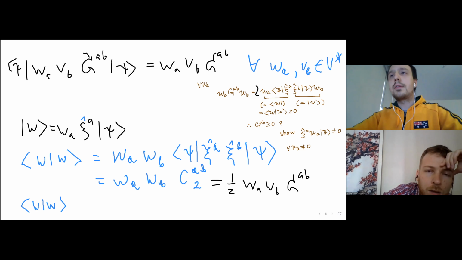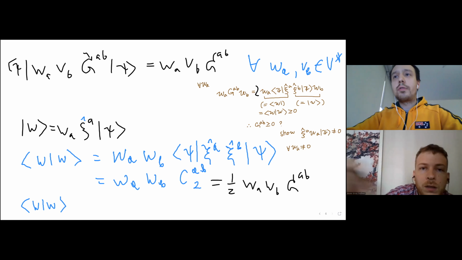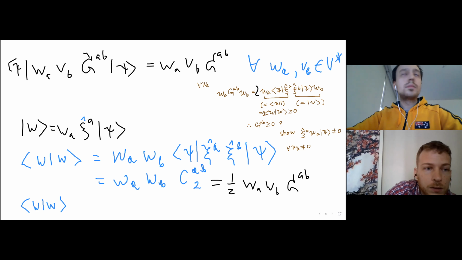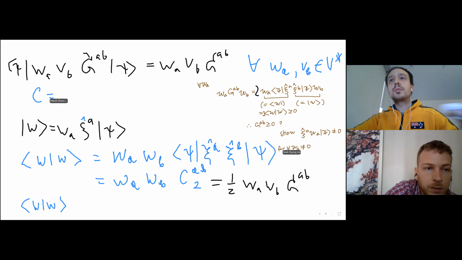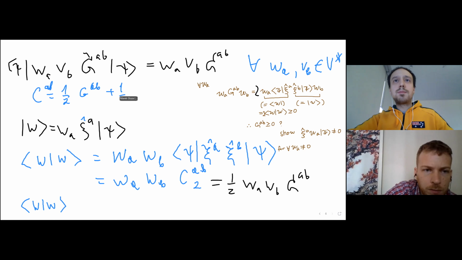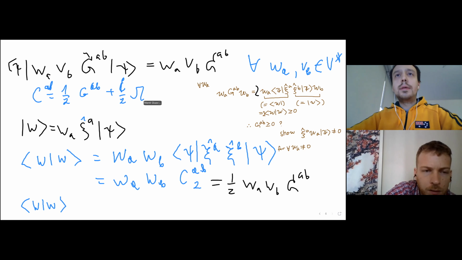But that's of course just an overall factor. Because C_AB was 1/2 G_AB plus i/2 omega_AB. Exactly.